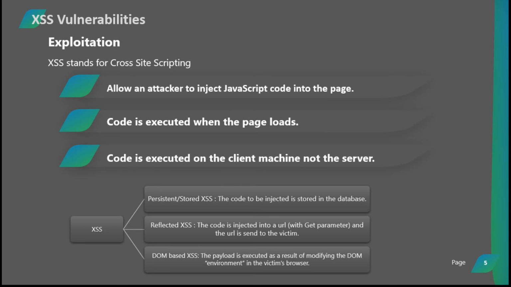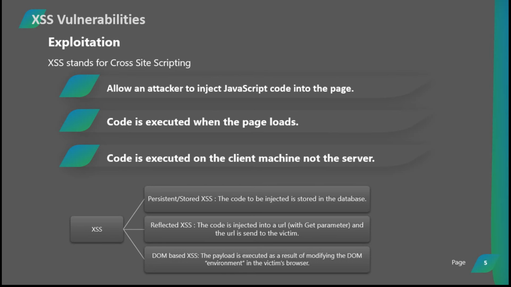We distinguish three types of cross-site scripting vulnerabilities: the persistent stored cross-site scripting vulnerabilities, stored XSS, where the code to be injected is stored in the database; reflected XSS, where the code is injected into a URL with a get parameter, and the URL is sent to the victim.